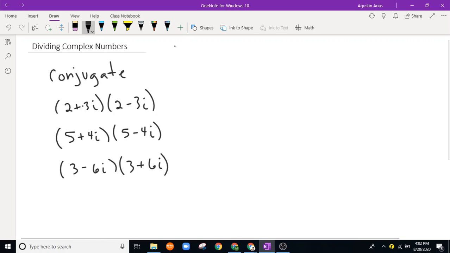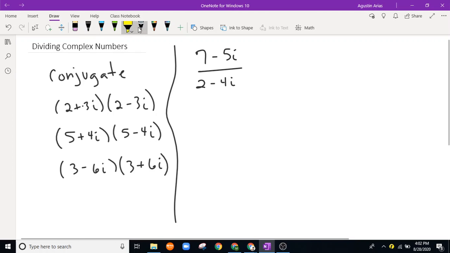So whenever we have a division problem, let's say 7 minus 5i divided by 2 minus 4i, we're going to look at the denominator. That is going to determine what we're going to multiply by.